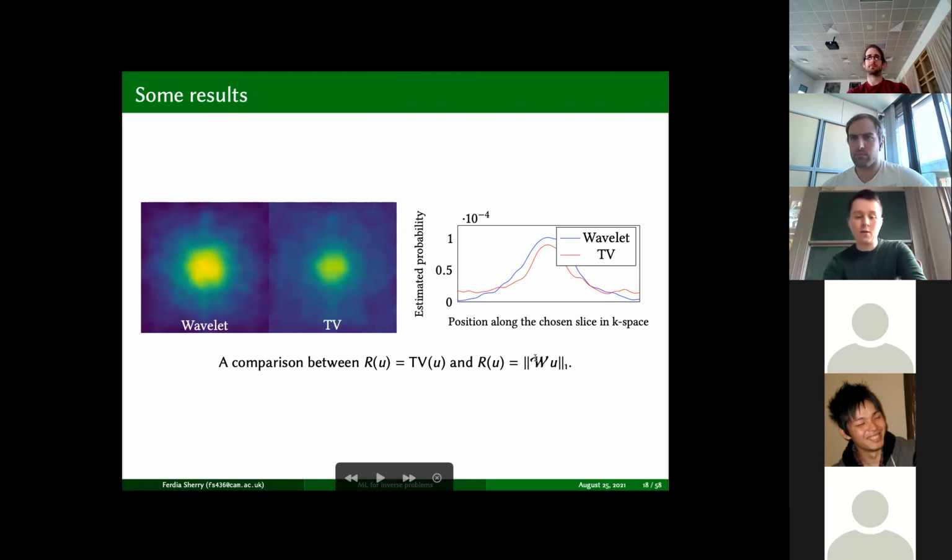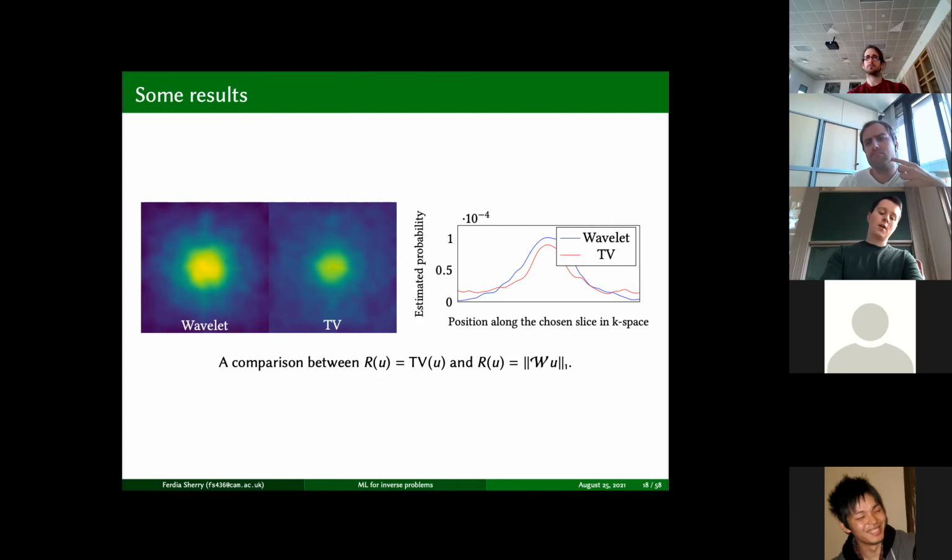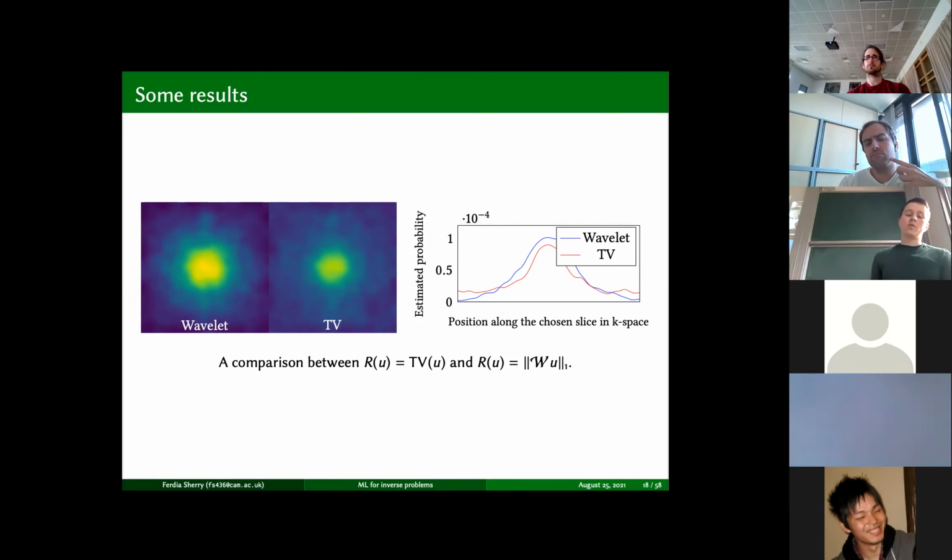These are kernel density estimates based on the learned sampling pattern, and you see that the pattern learned with the wavelet regularization has lighter tails than the TV one. So you actually get qualitatively different patterns for different regularizations.